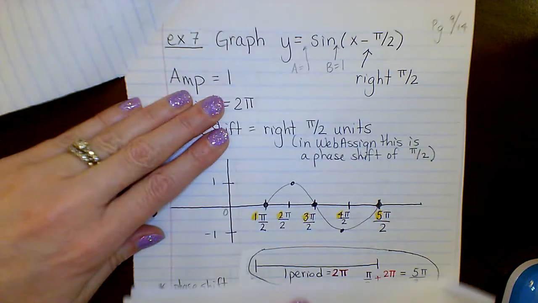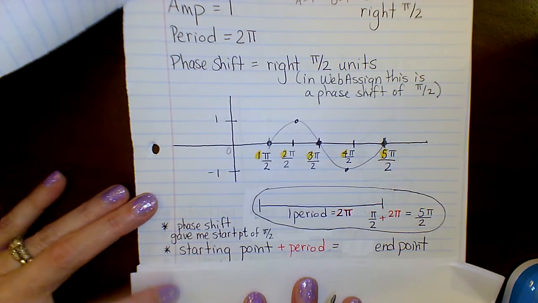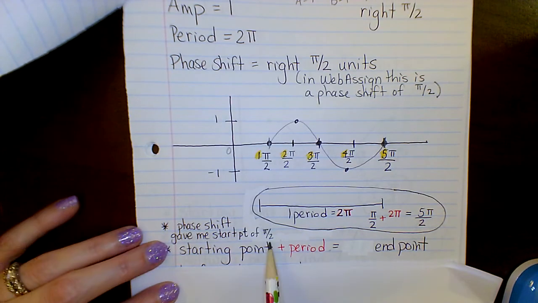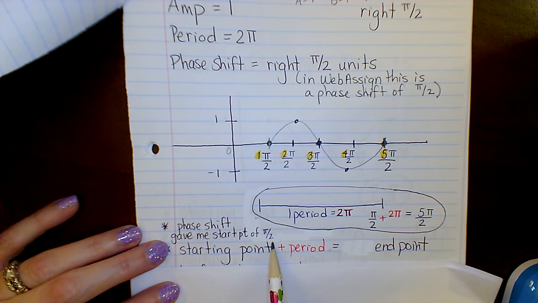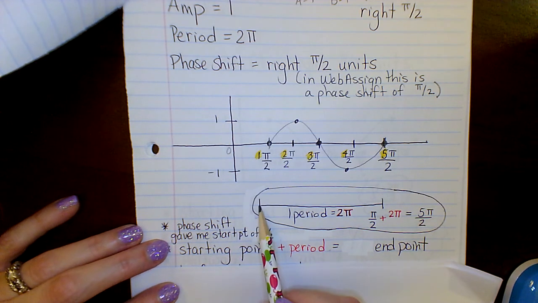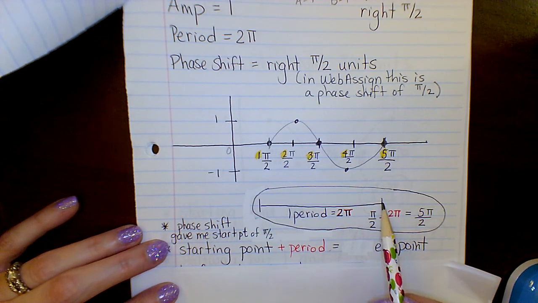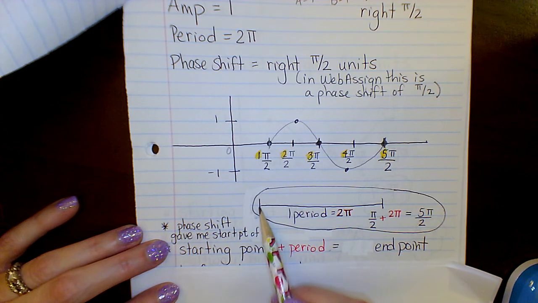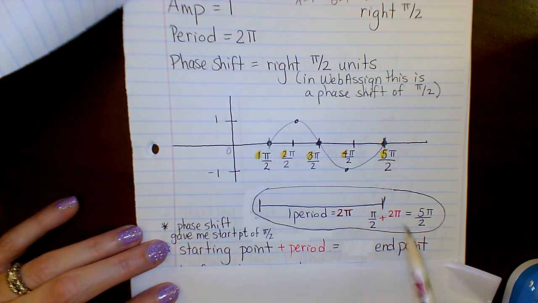Now let me just show you some of those computations here. So the phase shift gave me a start value of pi over 2. One period from my starting point pi over 2, to the end, is 2 pi. Adding those together, I get 5 pi over 2.